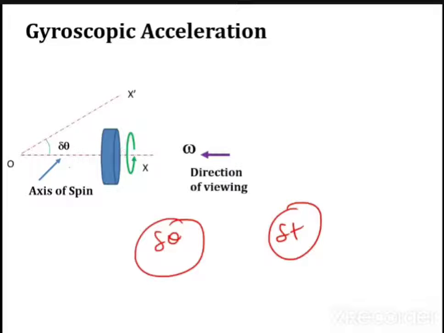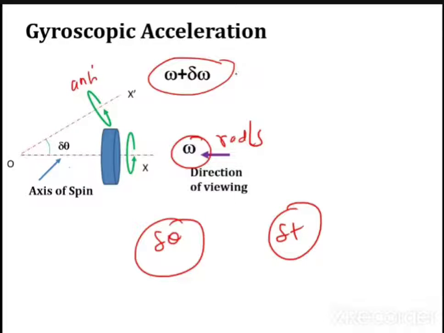Now let us say that initially your disk was spinning at an angular velocity omega radian per second, but after some time del t, at an angle del theta, the new axis is now OX dash, and again in a similar direction, that is anti-clockwise. Now we can consider that the disk is rotating at a new angular velocity, which is nothing but omega plus del omega.